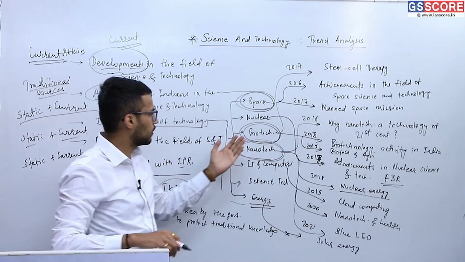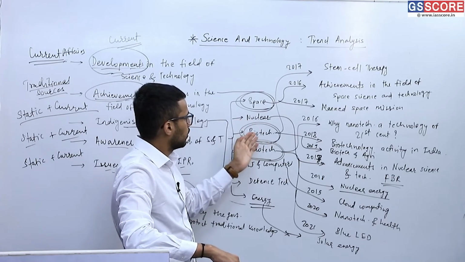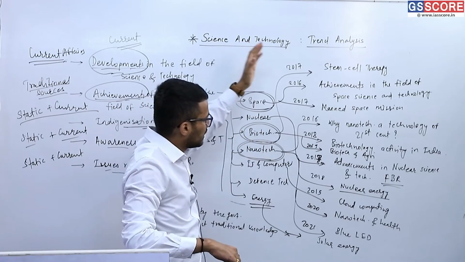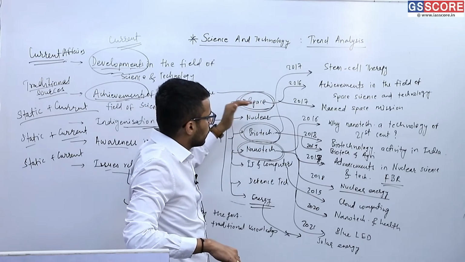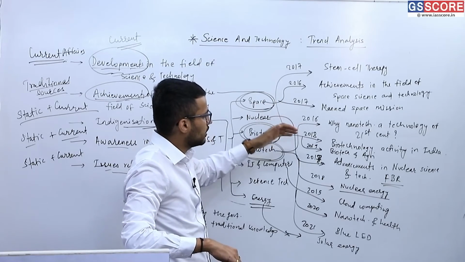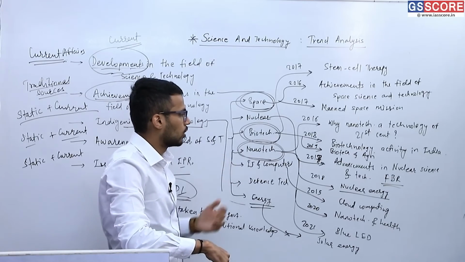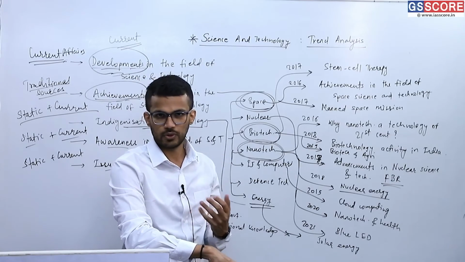Because as we can see here, there is a question on biotechnology in 2017. Then there is a question on biotechnology in 2018, 2019, and even in 2021, a question is asked on biotechnology, right?